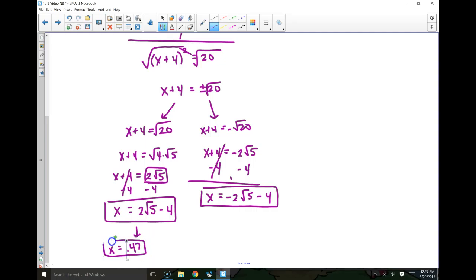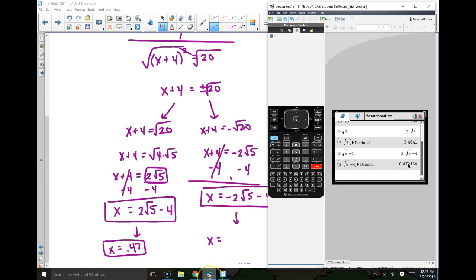So that's my decimal approximation there, and then I have to approximate my decimal here. Let's go back to my calculator. I'm going to put in 2 square root symbol, 5. Oh, it's negative, so I got to put the negative in front. So negative 2 square root 5. Move the cursor over, minus 4. Notice that what you put in the calculator should look identical to your paper.